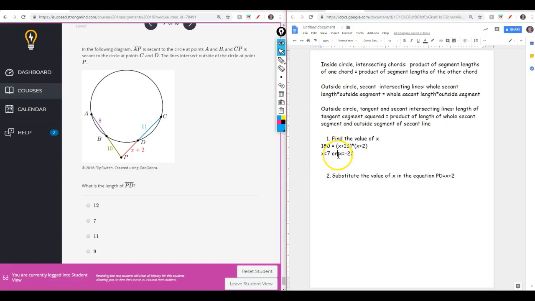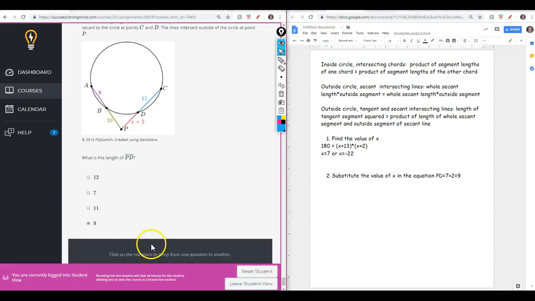So that's how I'm going to eliminate this option. And then we would substitute the value of x. So x was 7 in, so the distance of PD would be equal to 9. And that is one of our options.